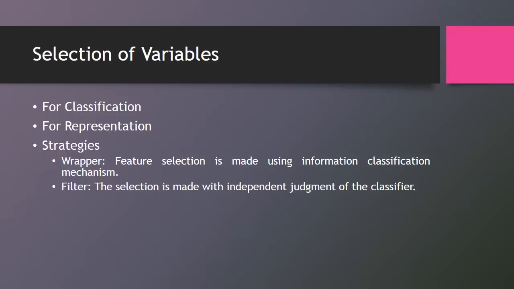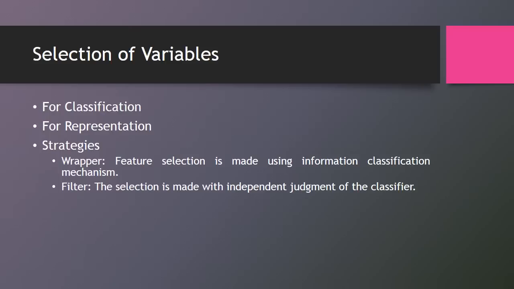For the selection of variables, we need the selection of relevant features from the total set of characteristics that describe objects. It is made for two basic reasons: to improve the classification and to increase the processing speed.